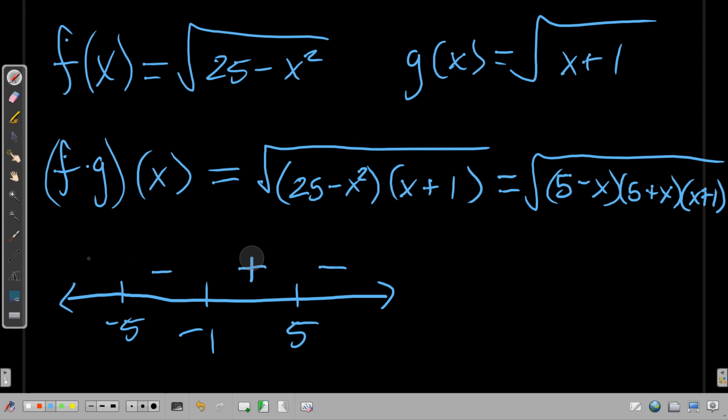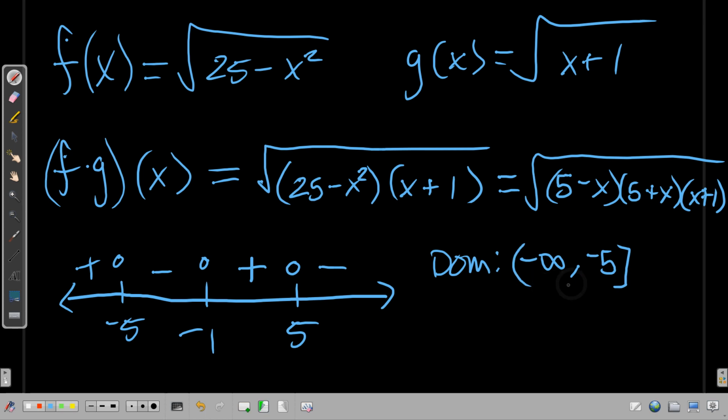Negative here, positive here. This is all the places where it was 0. So then my domain would be from -infinity up to -5 included, union together with the interval from -1 to 5.